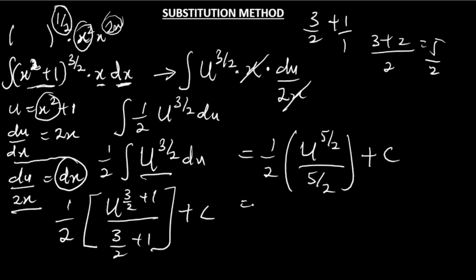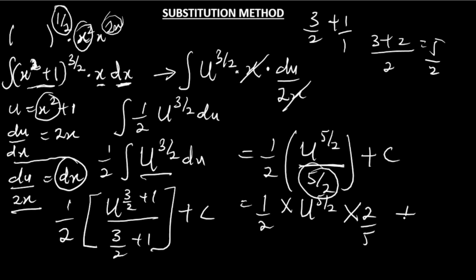Now this equals 1 over 2 multiplied by u raised to the power of 5 over 2. When the division sign changes to multiplication, you switch positions. That is, it will be 2 over 5 plus c. Now 2 can cancel 2, so we'll have 1 over 5 u raised to the power of 5 over 2 plus c.